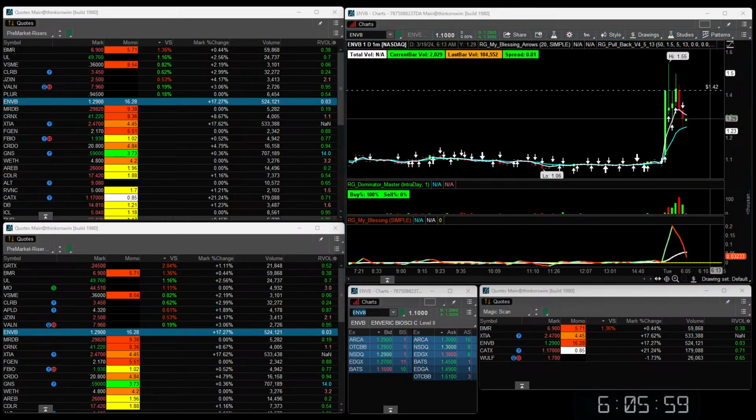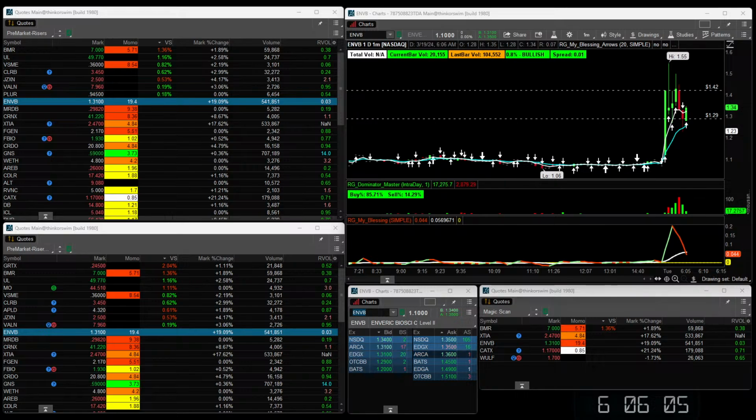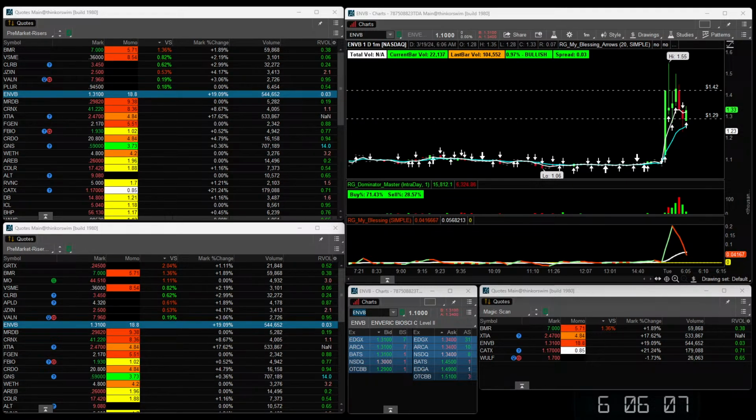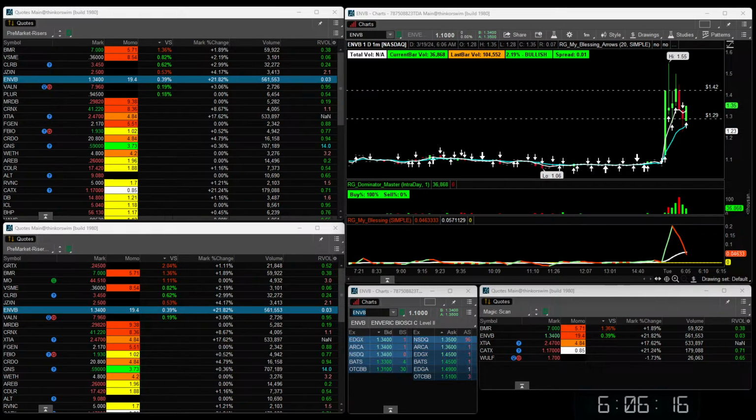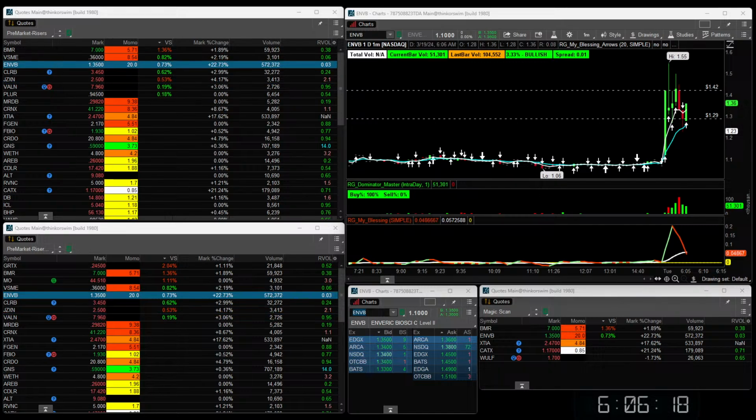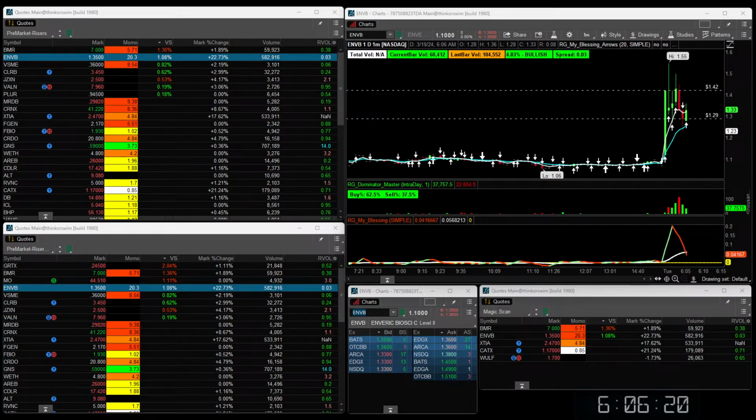Let's see what happens here. I'm going to mark resistance support right there and see if we go back up to $1.42. Watching those dominator bars, they are green.